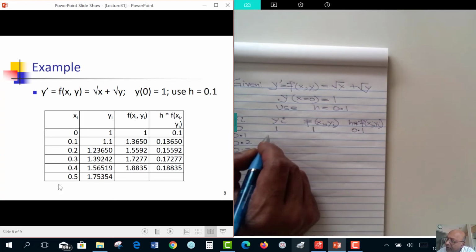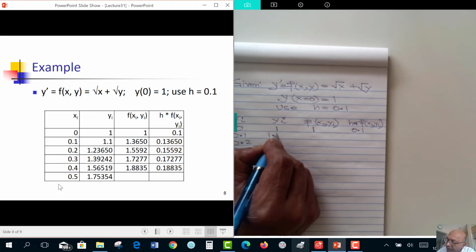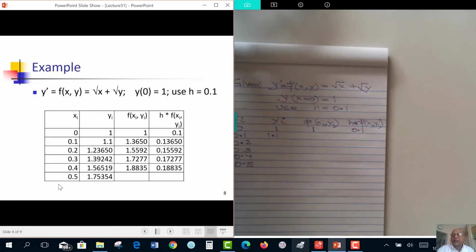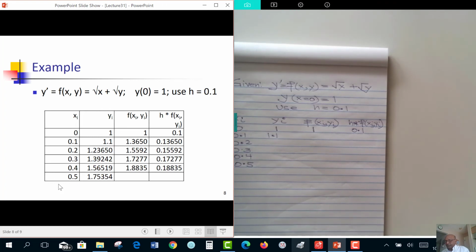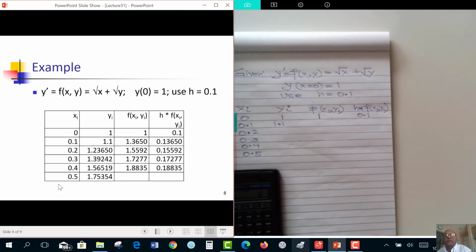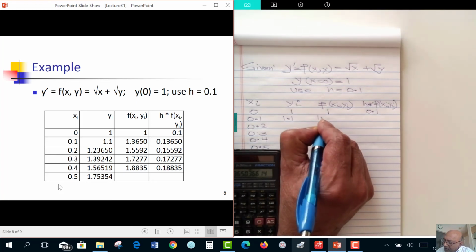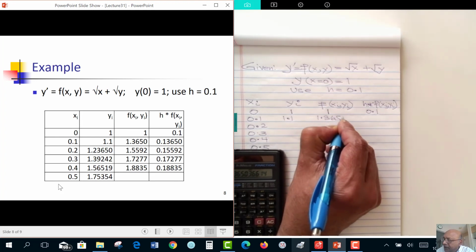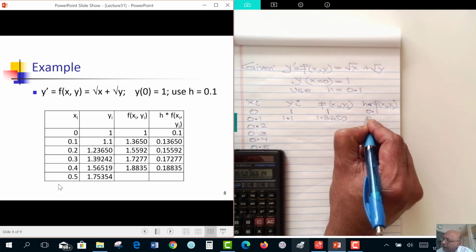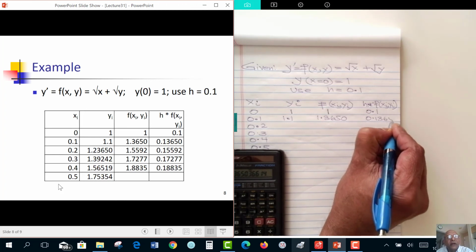This is our rectangular area, so we'll get 1.1. So now we need a calculator. So we'll do square root of 0.1 plus square root of 1.1, which is 1.3650. We'll keep 4 digits. So we'll get 0.1365.